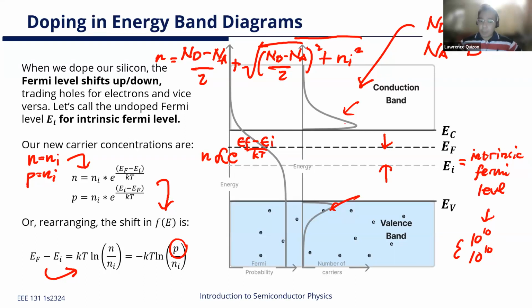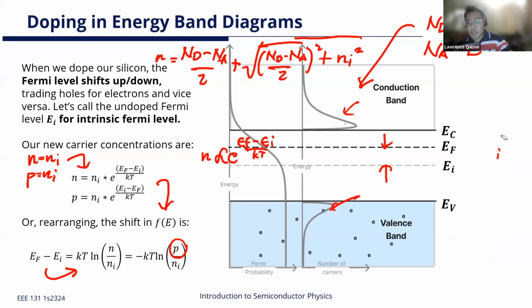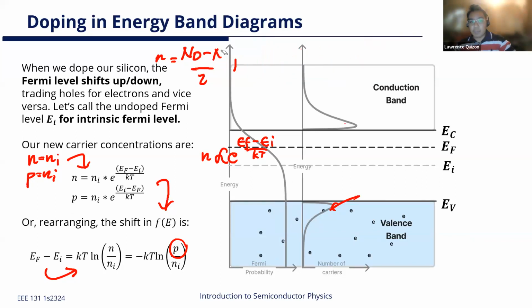So depending on the concentration of electrons or the concentration of holes, we can find the shift in the Fermi energy level, no? And we could also use the energy band diagram representation for our own good, no? We can build an equation around the position of the energy band, of the Fermi level, no?